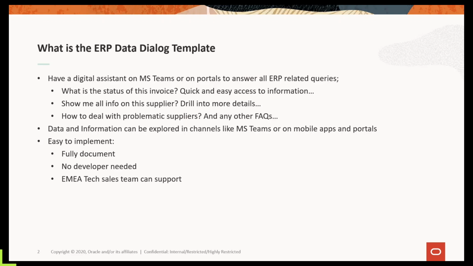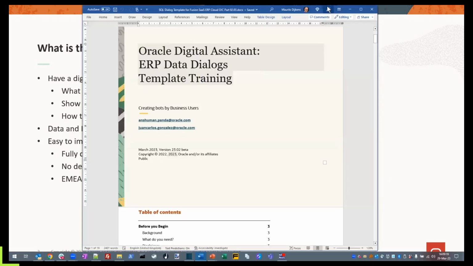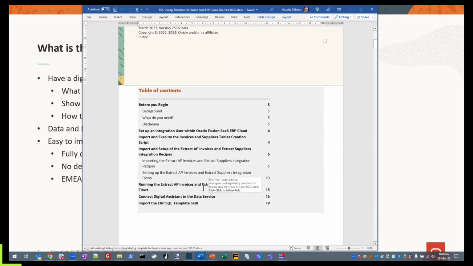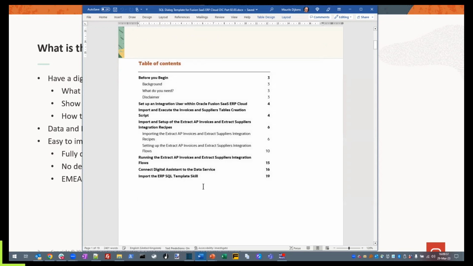It's very easy to implement, fully documented, no development needed. It's all in the document how you can easily set it up. If you look here in the document, all the steps, the background, what you need to do: set up the integration, set up the integration recipes for automatic import and extraction, run the extraction to the database, and then connect the digital assistant with the ERP SQL template in it.